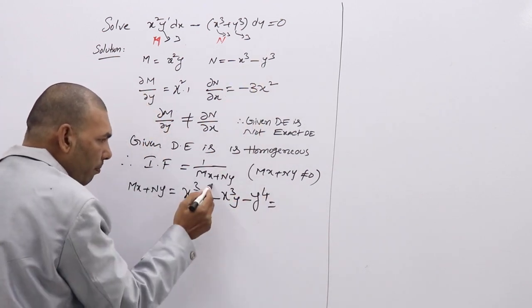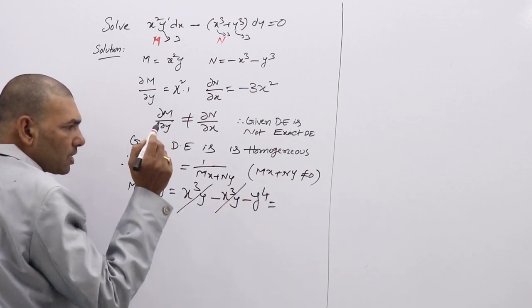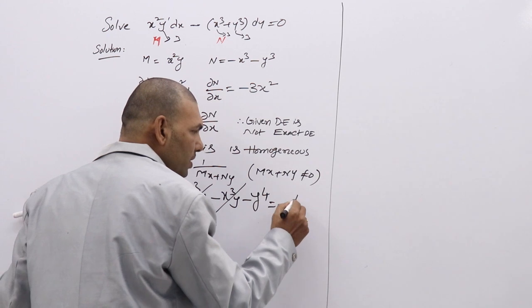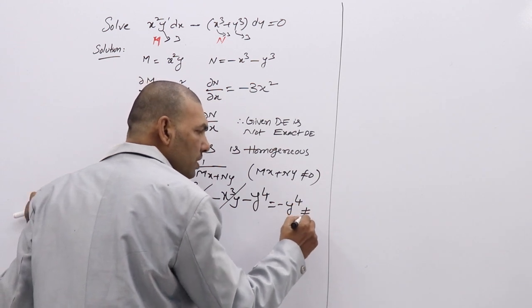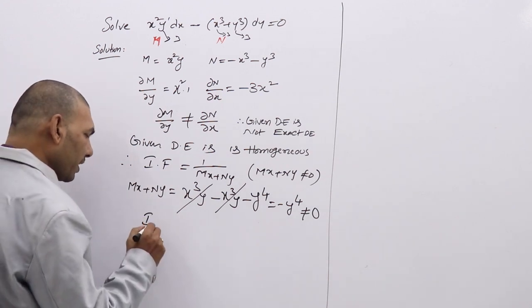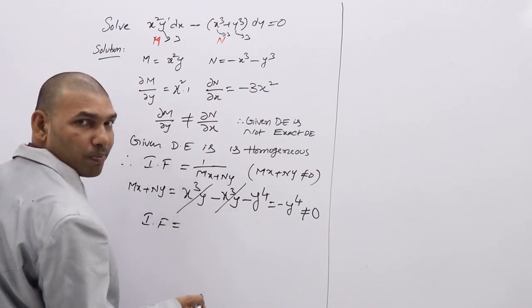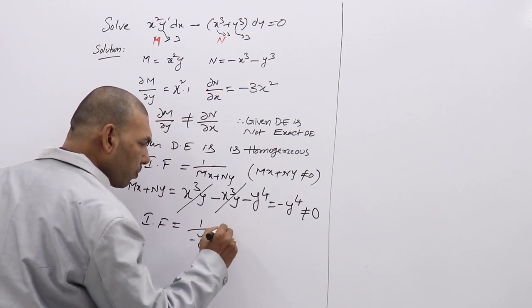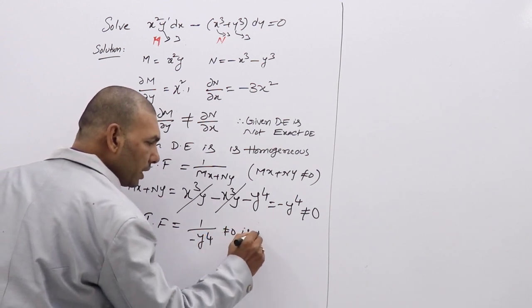See here, plus x cube y minus x cube y get cancelled. So what is the leftover term? Minus y to the power of 4, which is not equal to 0. So now the integrating factor is 1 by Mx plus My, 1 by minus y to the power of 4.